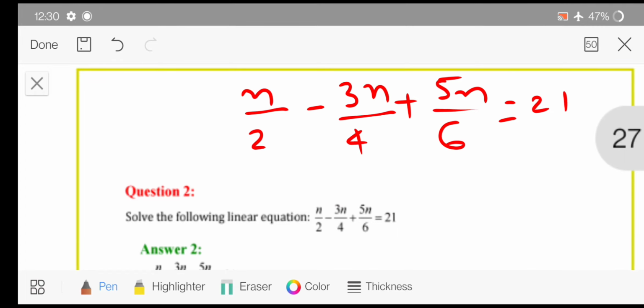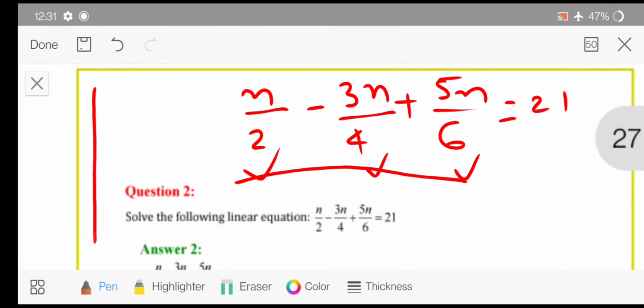So simply you can directly add or subtract them, but you cannot do it because their denominators are not the same. So you need to make them the same by converting them to like fractions. So let's see how to convert them. We will take the LCM of 2, 4 and 6, that is, the LCM of the denominators.